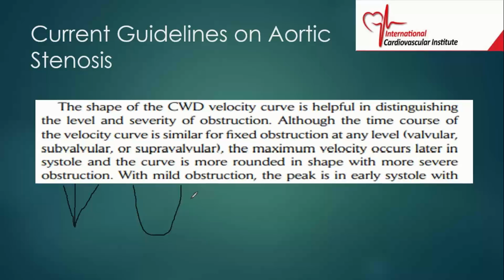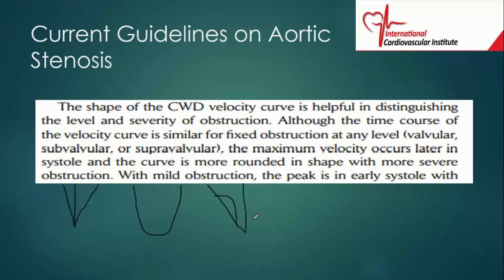Also, if you want to talk about the level of obstruction, if there's a subvalvular obstruction, then you'll get what we call a dagger shape. It looks like this, and it will be concave like that. You get a systolic concave.